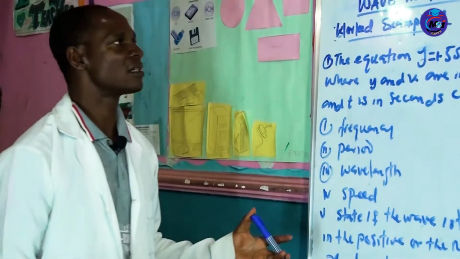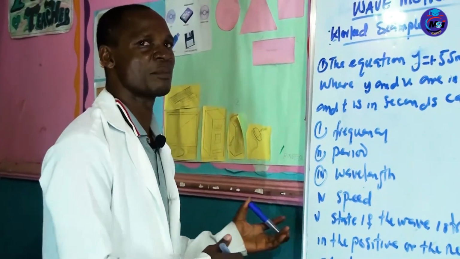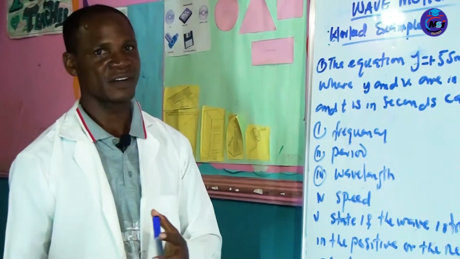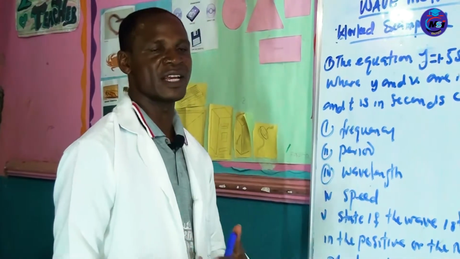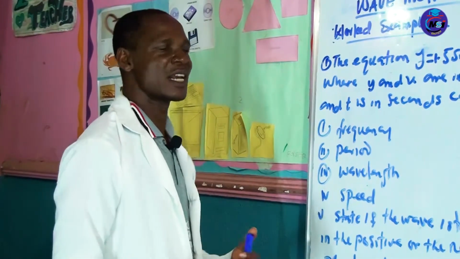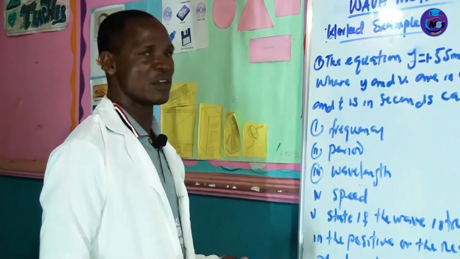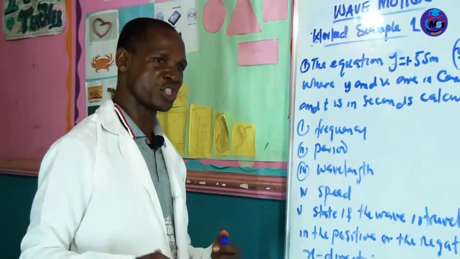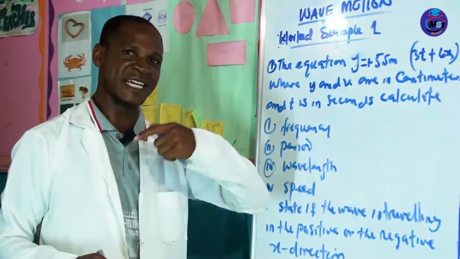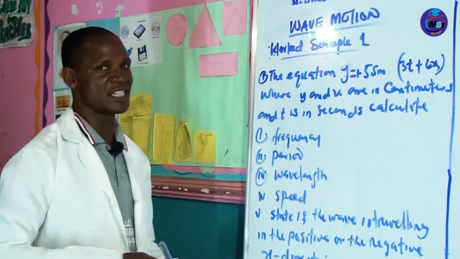Like I said, a wave can travel in the positive or negative x direction. When the kx, the phase angle, is positive, the wave is traveling in the negative x direction.